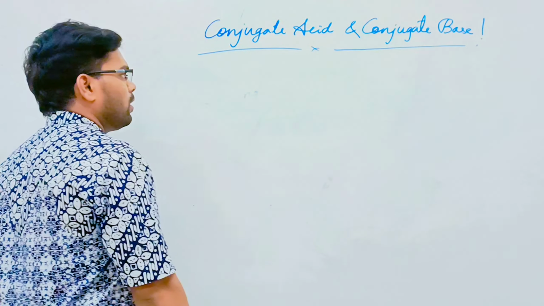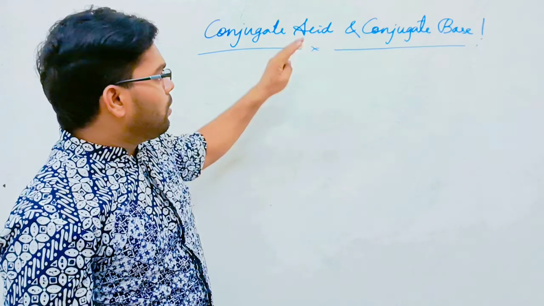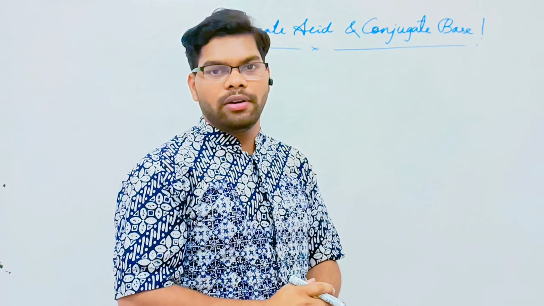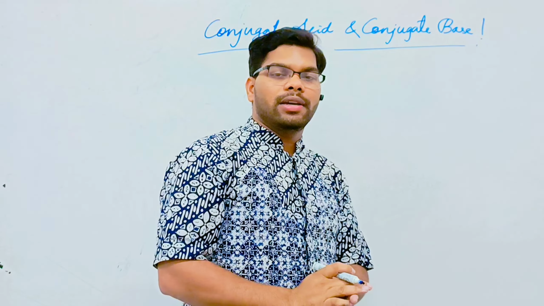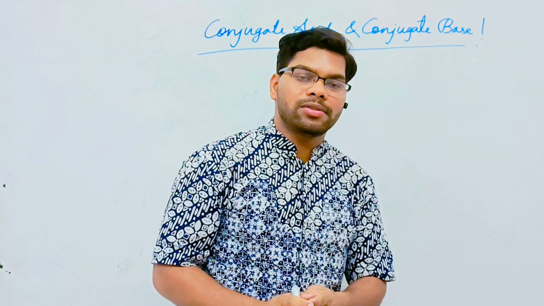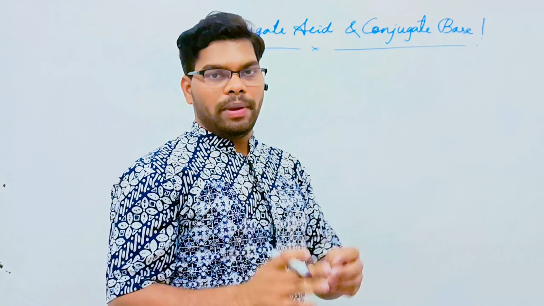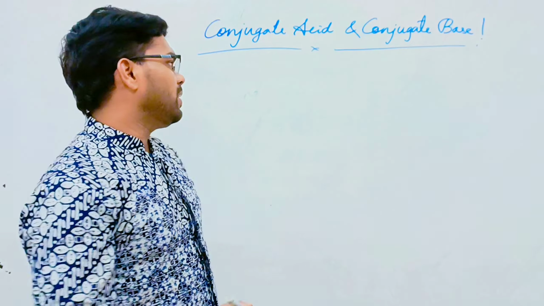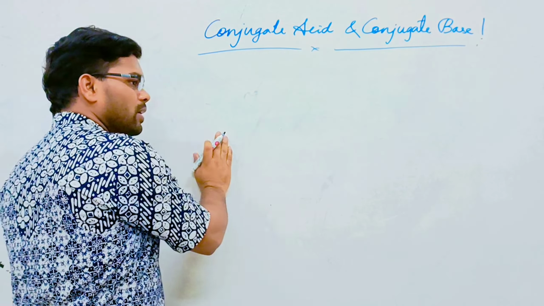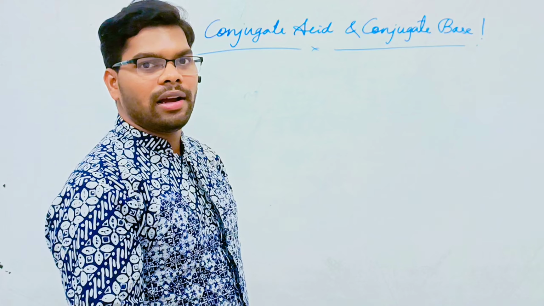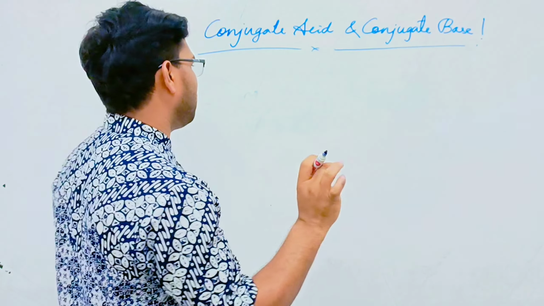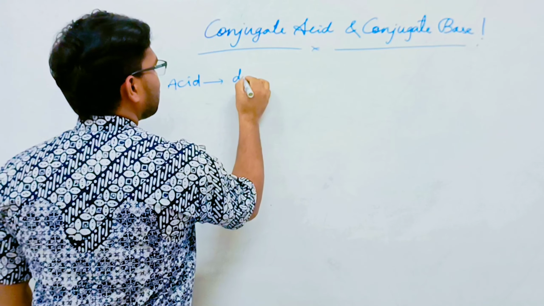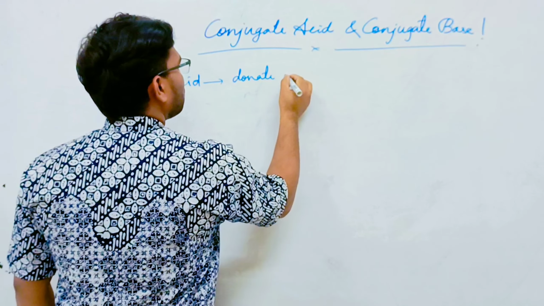Well, before we get to know about it, you need to know the theory of Bronsted and Lowry. Alright, they are the scientists. They have given a statement regarding acids and bases. According to Bronsted and Lowry, acid is a substance which donates a proton, that means hydrogen ion.